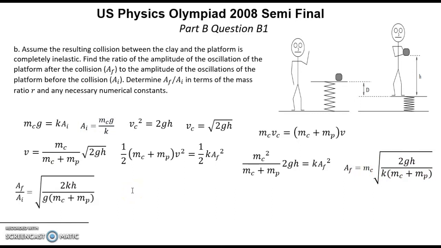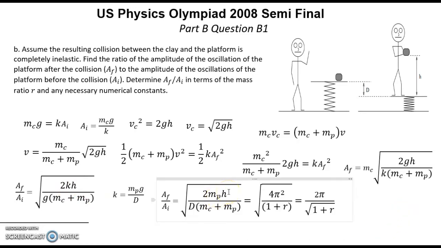So we have to exclude the constant k, but we remember that constant k was first found from this: k equals mpg over d. So we can substitute it here, and we have this expression. Also we have h over d, which we already counted.